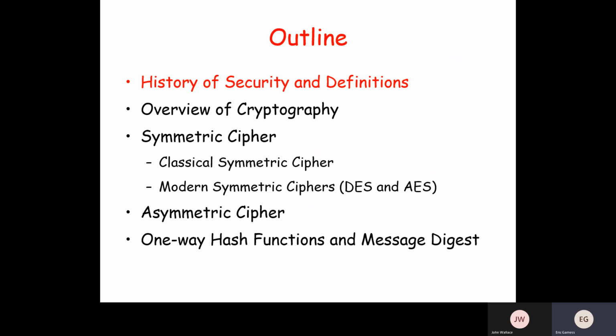This is the outline that we are going to follow. I'm going to give some definitions so we get used to the terminology that people use in cybersecurity. Then we are going to do an overview of what cryptography is. In cryptography, we have several algorithms.